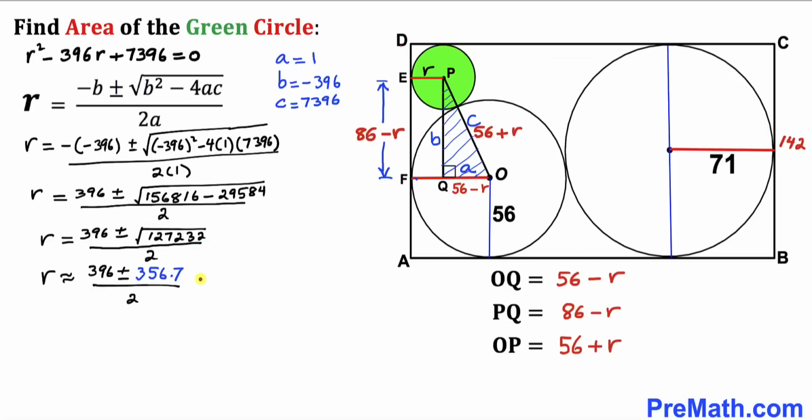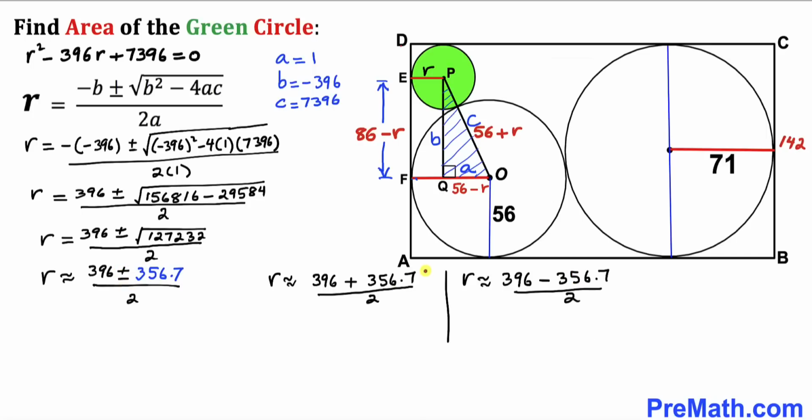In this next step, let's split these two positive and negative signs: this one is with the plus sign and this is with the minus sign. As a result, our radius r turns out to be approximately 376.25, and the other value of radius r turns out to be approximately 19.65.